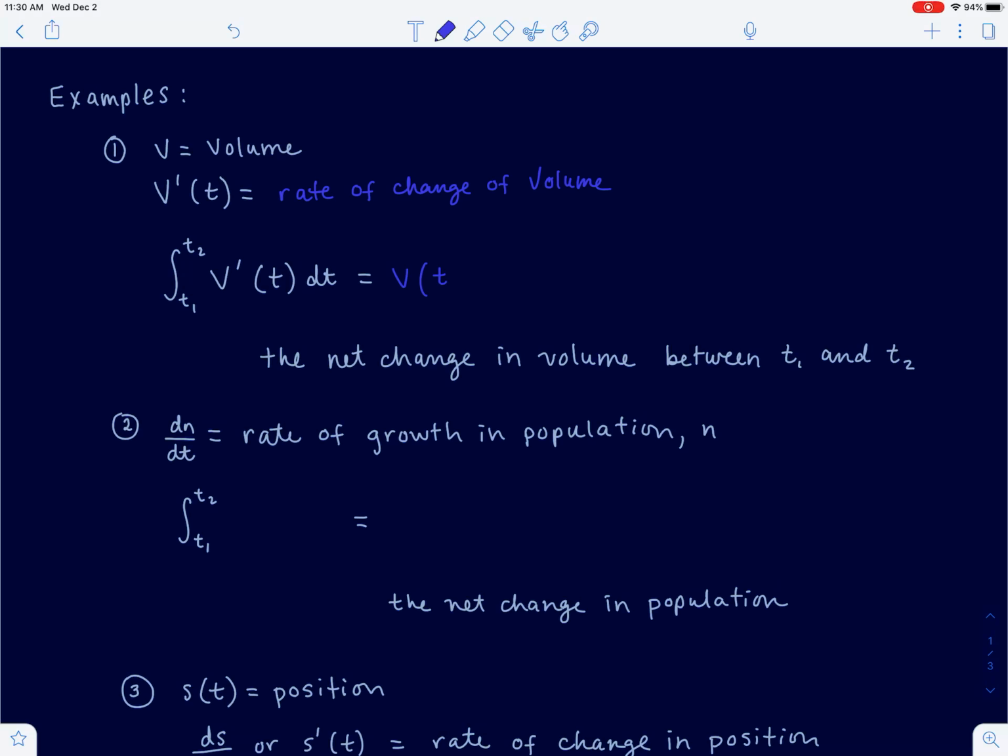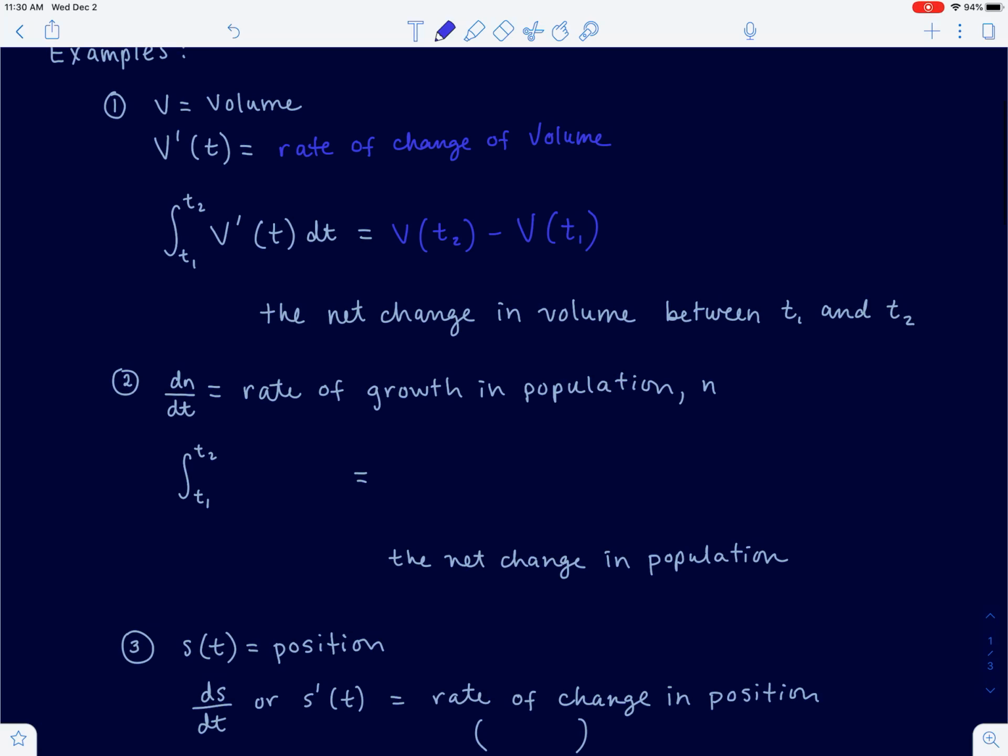So we are going to put in v of t2 minus v of t1, and we'll get the net change in volume between t1 and t2. Okay, so it should make sense that when we integrate the rate of change, we then get the change in volume from one point to another.